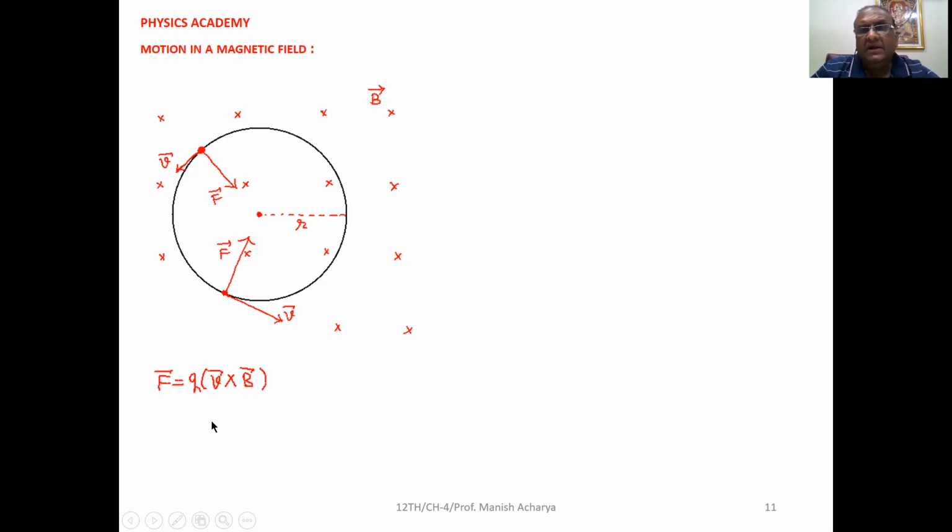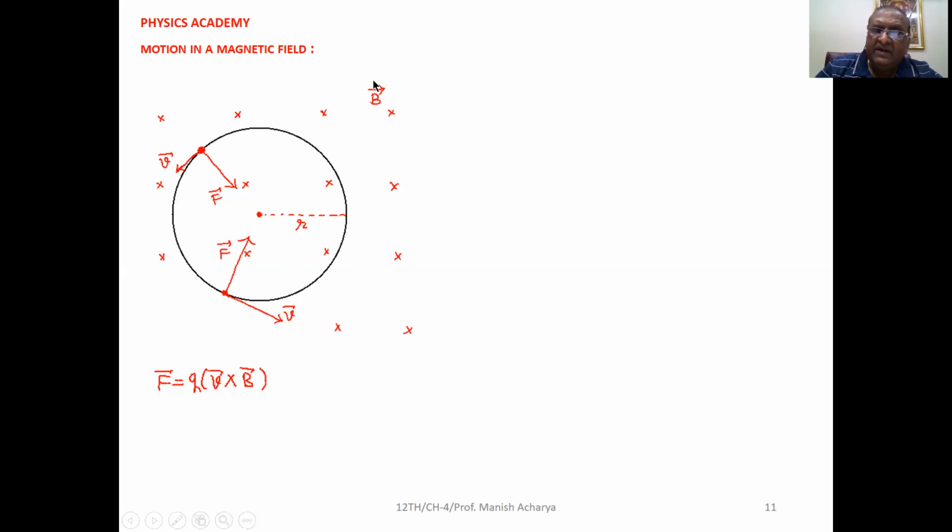Okay. Now, when force is perpendicular to the velocity, in that particular case, in standard 11th, we studied this thing. The motion of the particle will be circular. And now here, as shown in this figure, consider a magnetic field which is perpendicular to the plane of paper and going inside.